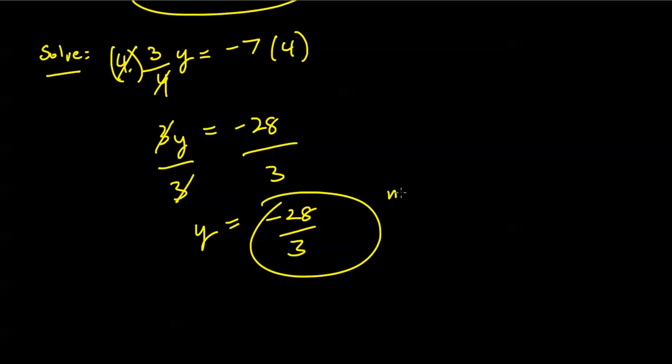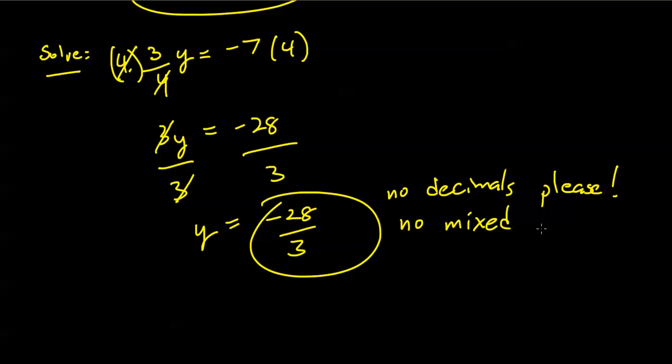We're going to keep the convention. No decimals, please. Unless there are decimals stated in the problem statement, I'm not going to allow for decimal responses on online exams or in-class tests. So no decimals, please. And also, as we talked about in class, no mixed numbers.